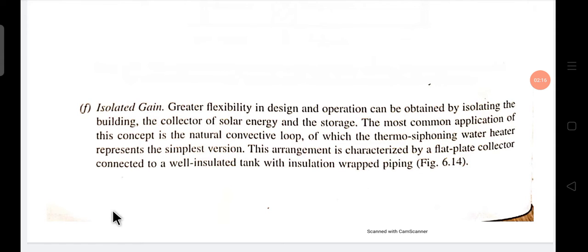The most common application of this concept is the natural convection loop, of which the thermosiphon water heater represents the simplest version. That means the main and simplest concept here is the natural convection loop.